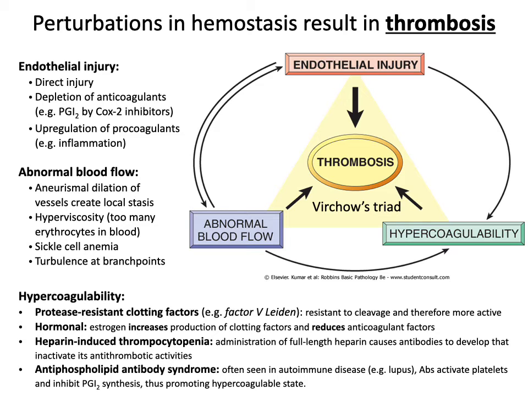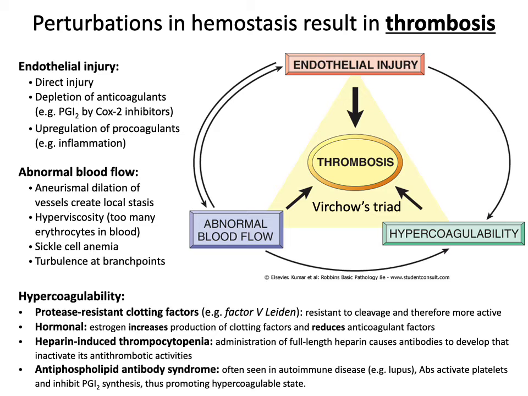So this is the reason why if you take aspirin, you tend to have difficulty in forming platelet plugs, and this is the reason why aspirin is also used to prevent formation of clots. Okay, so if you are predisposed to heart attacks, you actually take in aspirin as part of your maintenance medications, as well as the upregulation of procoagulant substances.